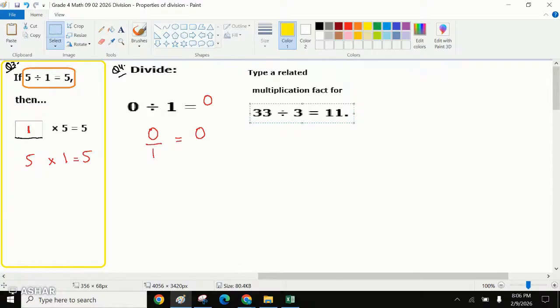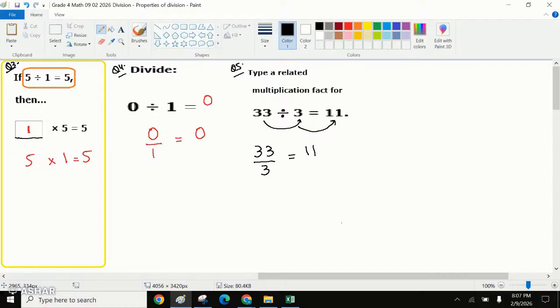So what will be the multiplication fact? For question number 5, we can have two statements, right? We can see that the number 33 was divided by 3 and we got the answer 11, right? So we can write when 33 was divided by 3, we get 11, right?